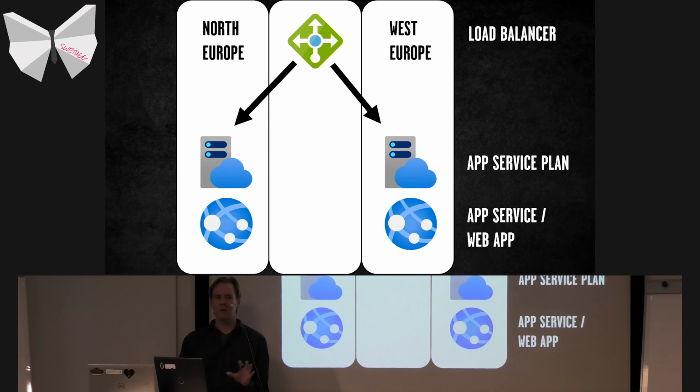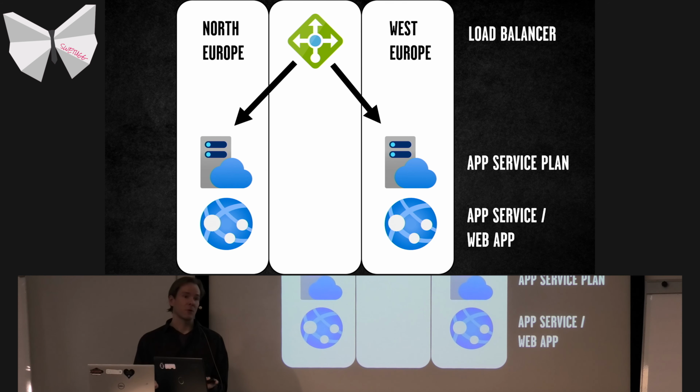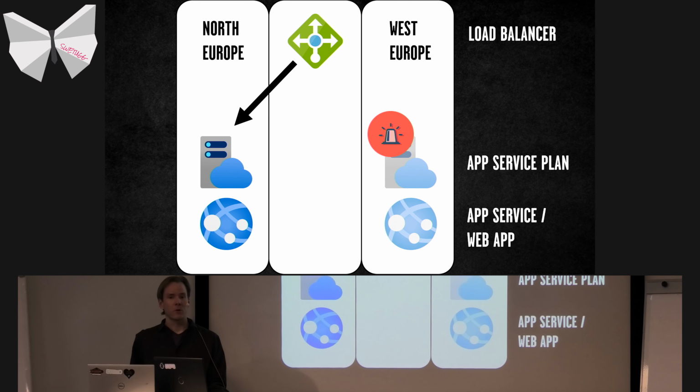So you need to have multiple app services and app service plans and put them in different locations. So if there is a problem in Azure, let's say that there's a power outage or an earthquake or something in West Europe, then the application will continue in North Europe.